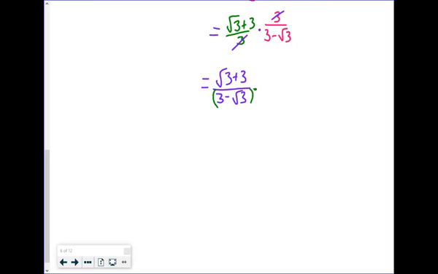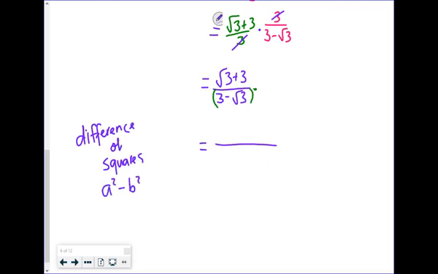What we know will give us squared stuff on the denominator would be if we introduce the difference of squares. The difference of squares gives us a squared minus b squared. It'll square everything. It's always going to get rid of an irrational number caused by a square root.